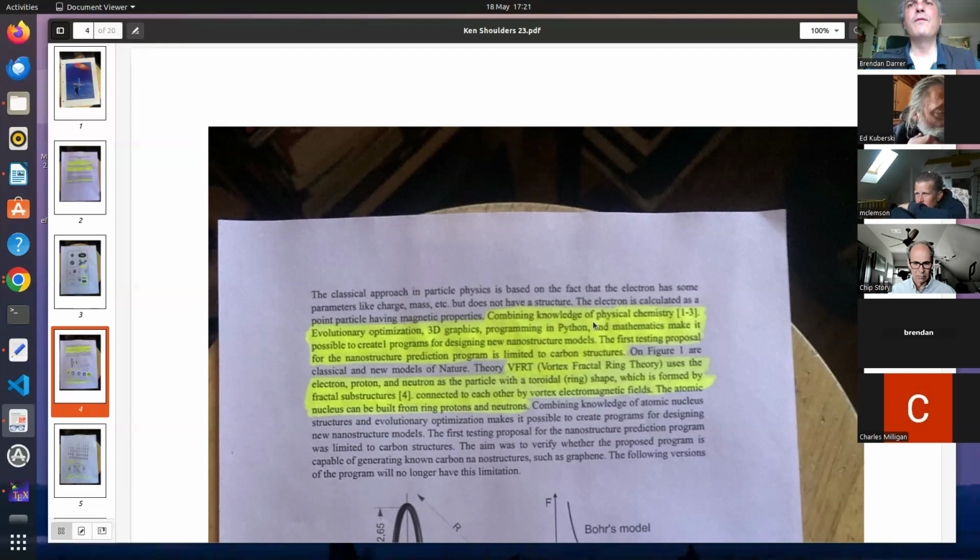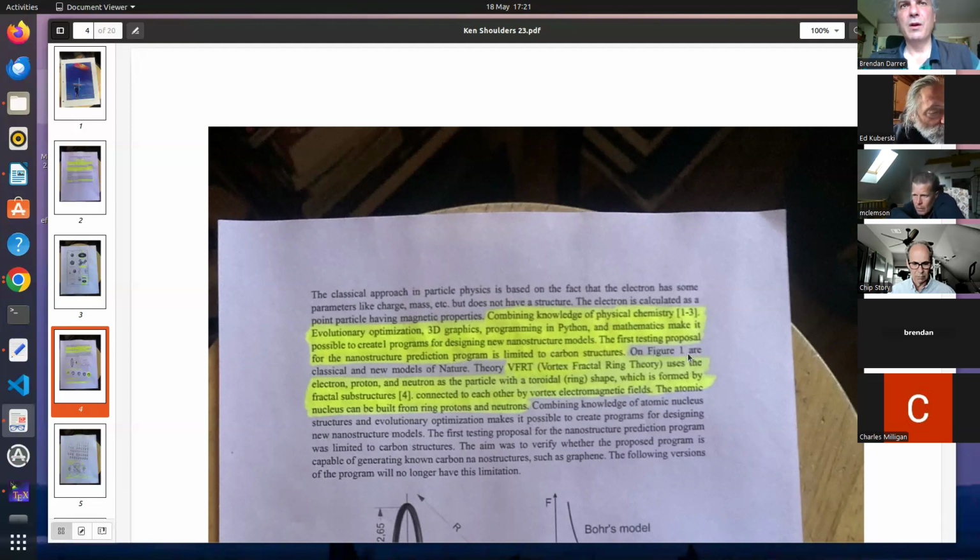Combining knowledge of physical chemistry, evolutionary optimization, 3D graphics, programming in Python, and mathematics make it possible to create programs for designing new nanostructure models. The first testing proposal for the nanostructure prediction program is limited to carbon structures.